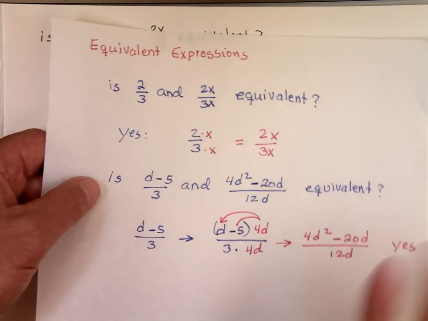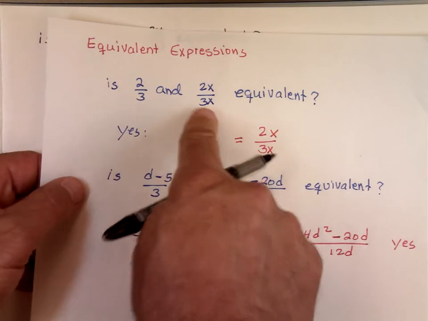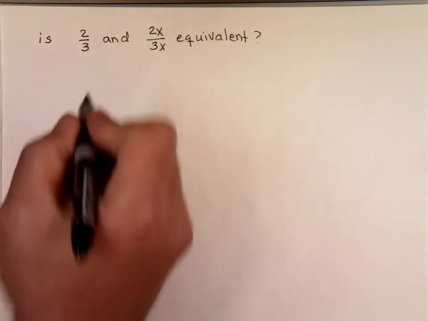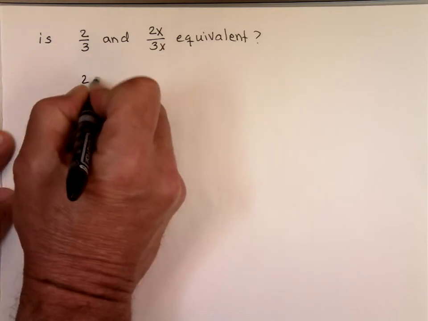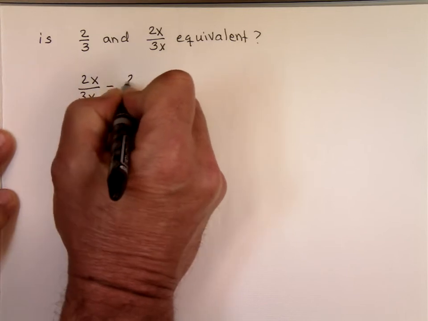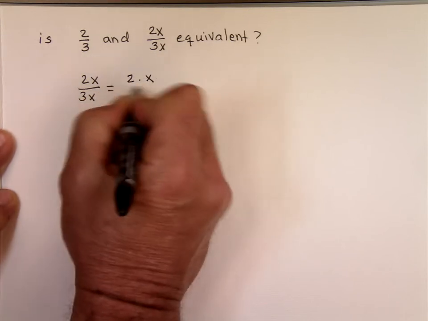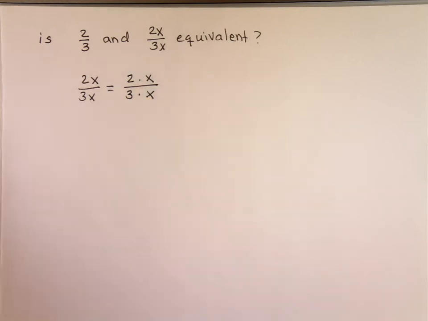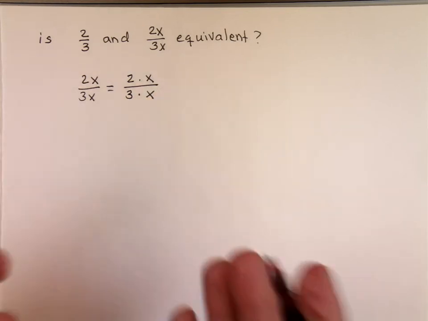I'm going to start with this and see if I can reduce that to this. So let me take that 2x over 3x. What the 2x means is 2 times x. And the 3x is 3 times x. And if you remember, as long as you have the same thing on the top and the bottom, you can simplify that.